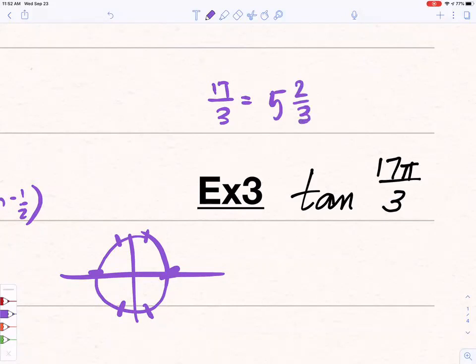And so when I put pi's back in there, this is the same thing as 5 whole entire pi's with another 2 pi over 3. Now, where would 5 whole entire pi's be? Let's make this make sense. If this is 0, this is 1 pi, 2 pi, 3 pi, 4 pi, 5 pi.